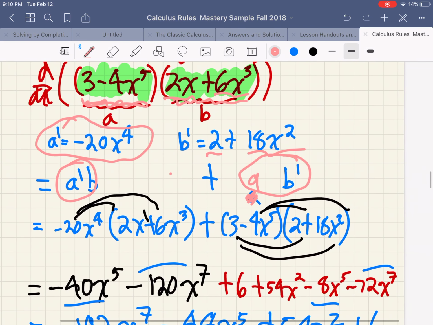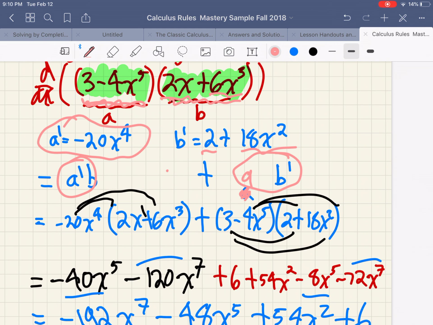Okay, and we're going to go through that right now. So what I kind of like to do here is this. I do a prime b, which is that, and then I have a b prime, which is that.